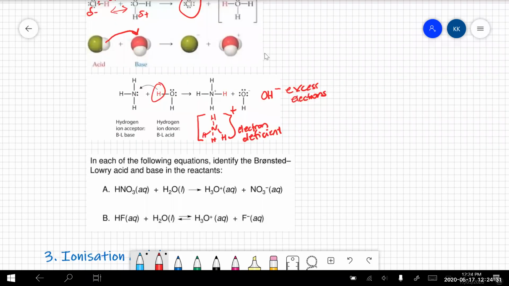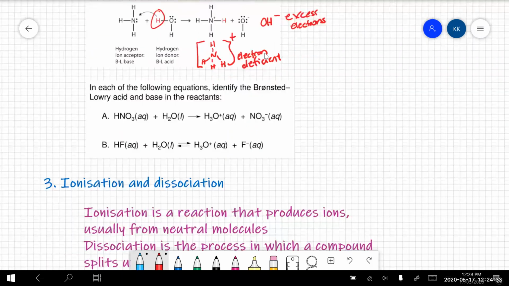Let's have a couple of practice examples. In each of the five equations, identify the Bronsted Lowry acid and the base. All we've got to do is look at what's happened. If we go to the other side, it's fairly easy to see that these two species are related because they're the only ones with nitrogens in them. What's happened?